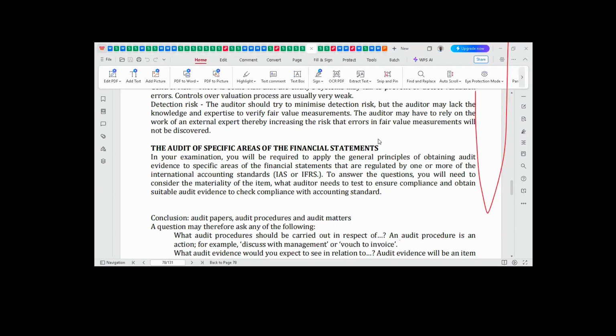Why I'm using it here is to draw reference. If you understand IAS 8, that is International Accounting Standard number 8, it will aid your understanding of ISA 540 that talks about the audit of accounting estimates. I'm just using it to draw reference.